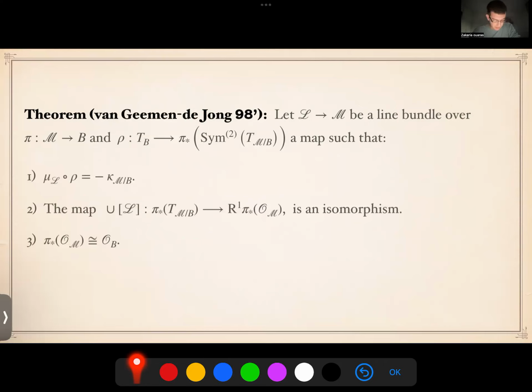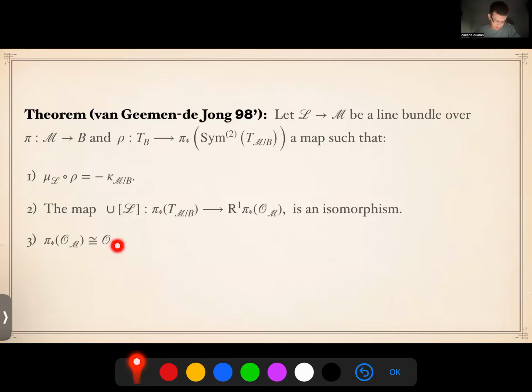The first one: the precomposition of rho with the natural map associated to your line bundle gives you minus the Kodaira-Spencer map of this family. The second important condition is that the cup product with the Atiyah class of your line bundle is an isomorphism here. So these are global relative vector fields, and this is, if you want, deformations of your relative line bundle.